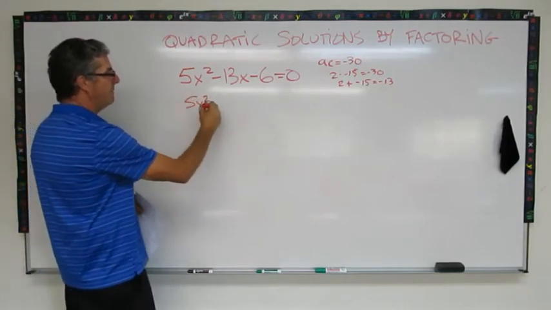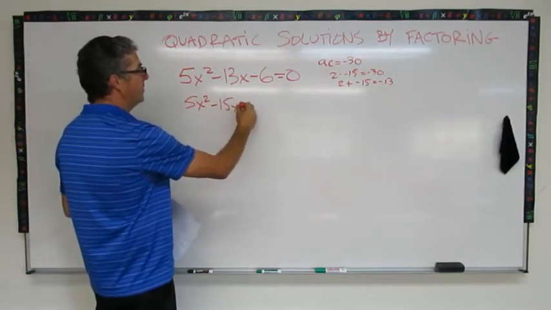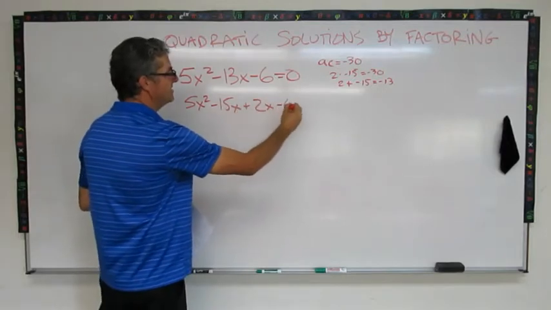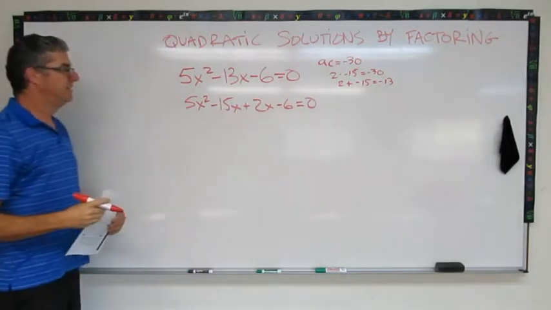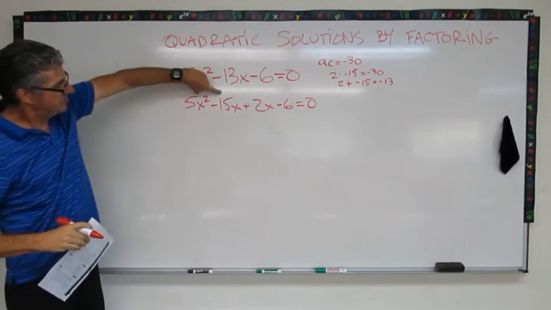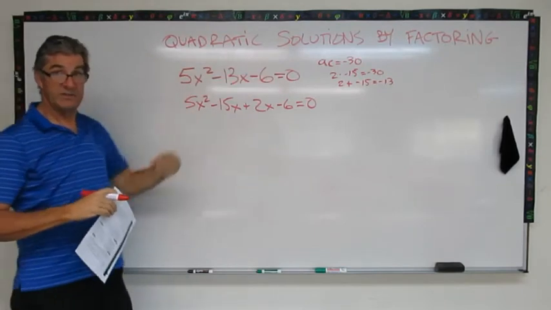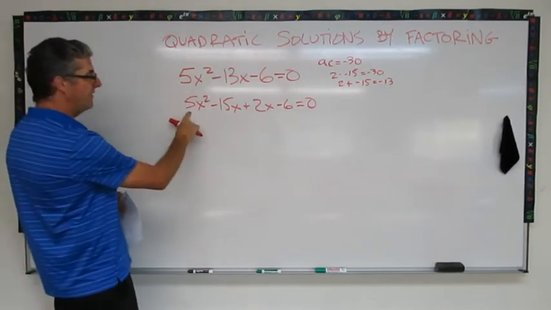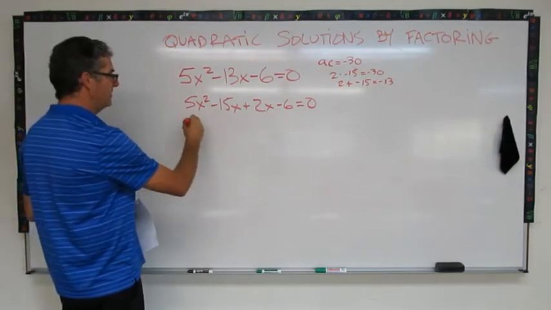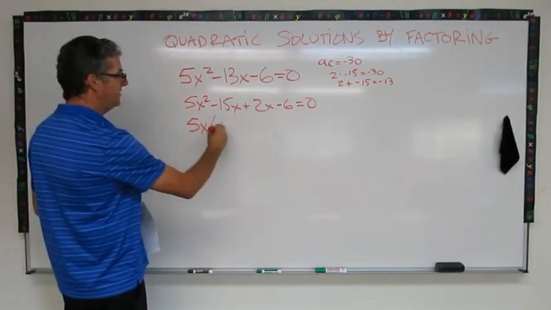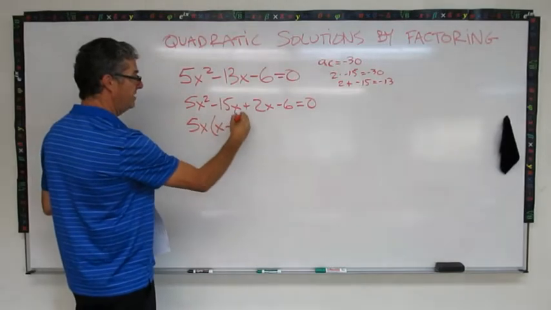5x squared minus 15x plus 2x minus 6 equals 0. Now I'm going to factor the GCF out of here, and let's see what we get. I've got a 5x in both those terms, so this becomes 5x times x minus 3.